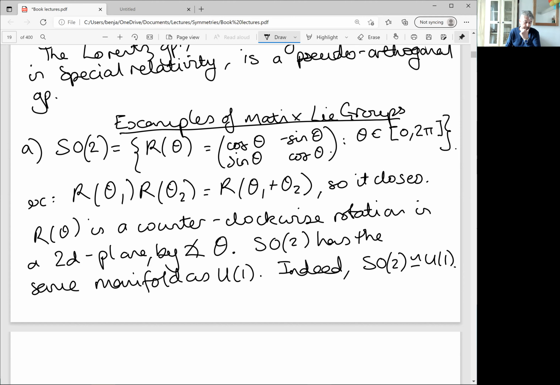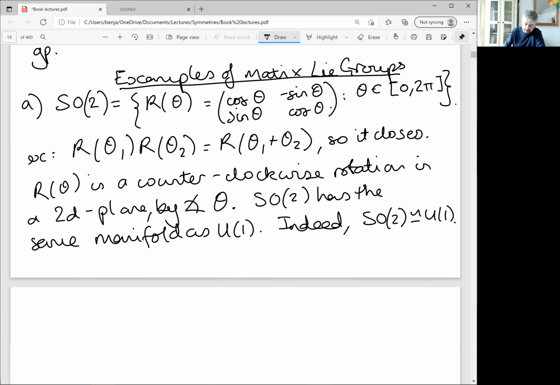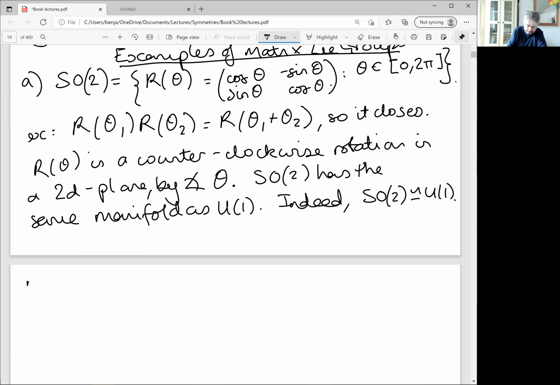Okay, there's a very important group which we're going to cover now, which helps us actually analyze more general groups. And it's the group SU2. There's an exercise in the book to show that this can be parameterized.